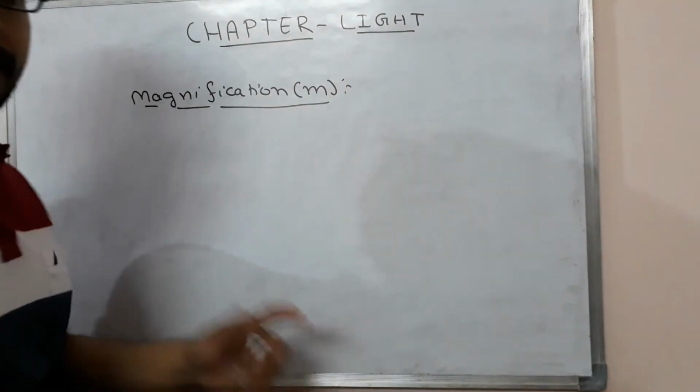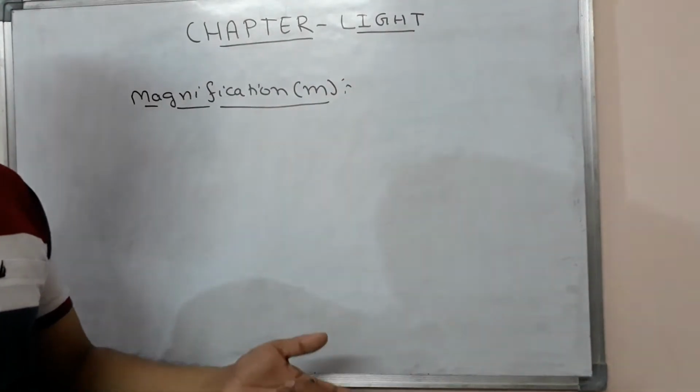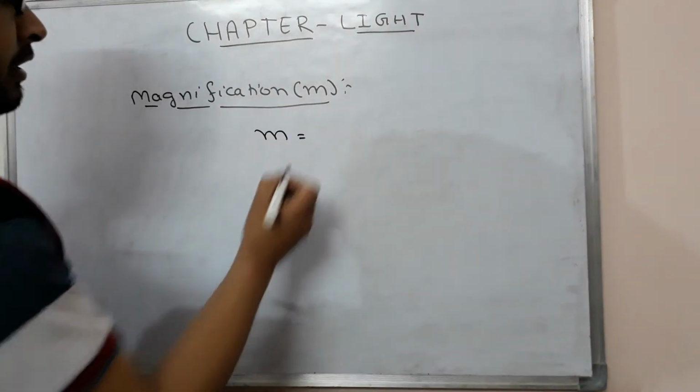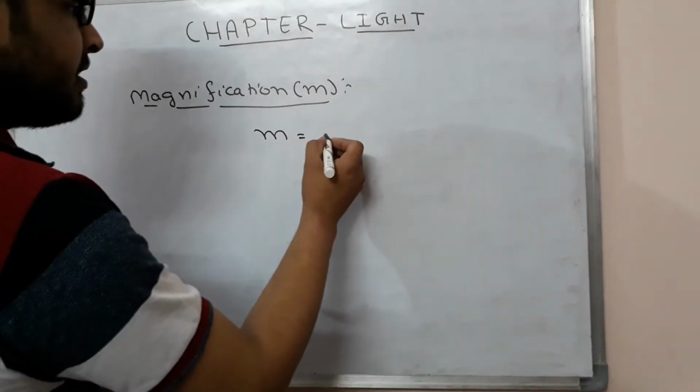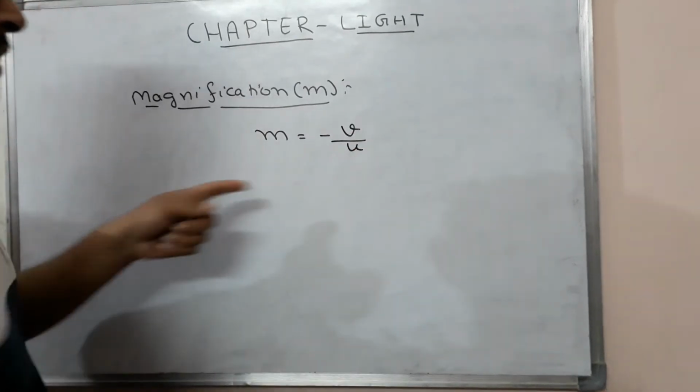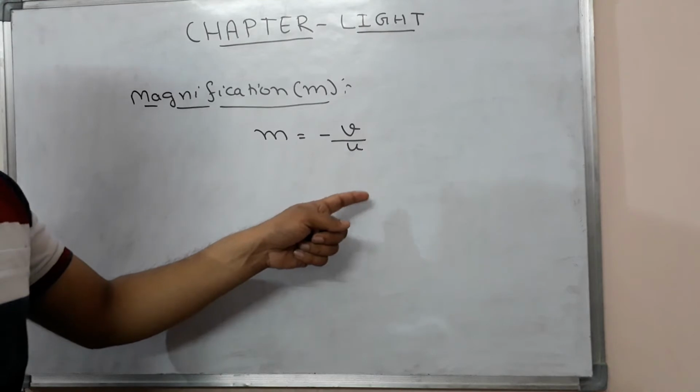Its formula, in case of mirrors, is m is equal to -v upon u, where v is the image distance and u is the object distance.